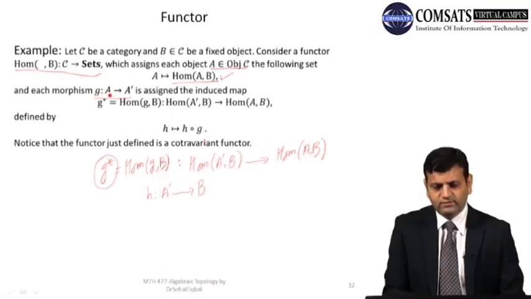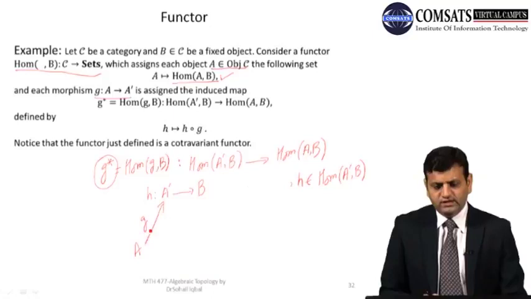G is a function from A to A prime. So we start from A, go to A prime, and this H is a function from A prime to B, and we have taken H to be an element of Hom(A prime, B).